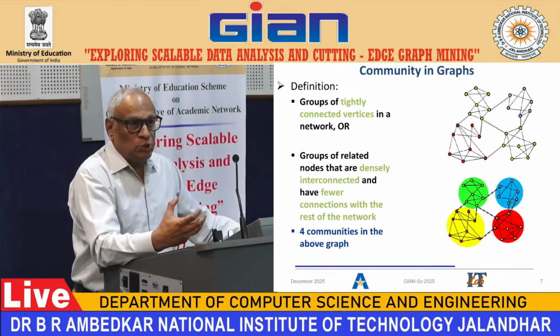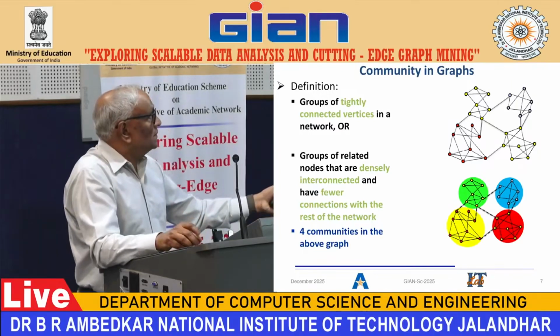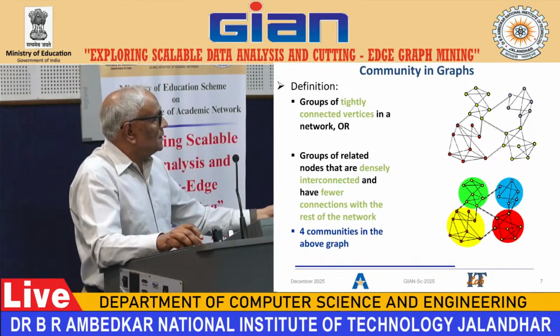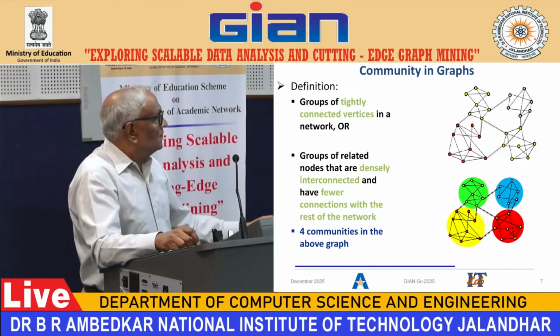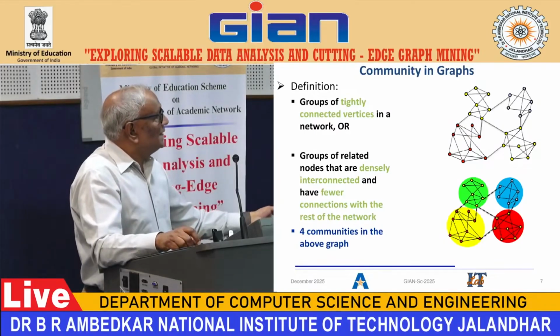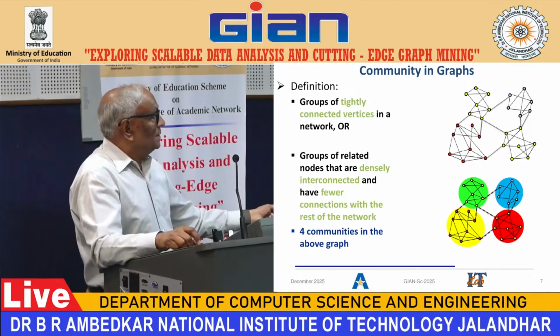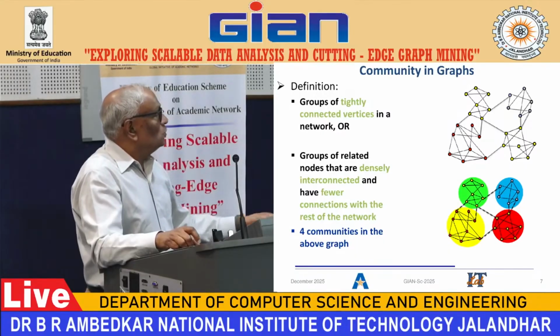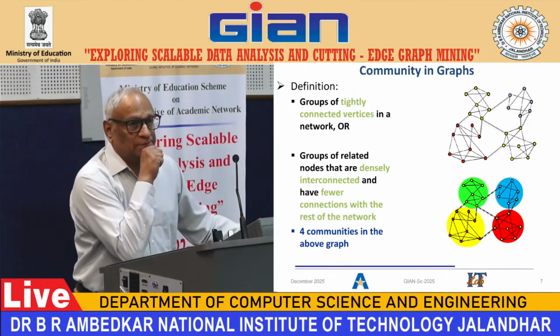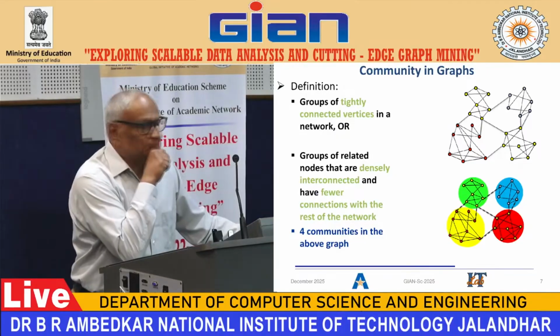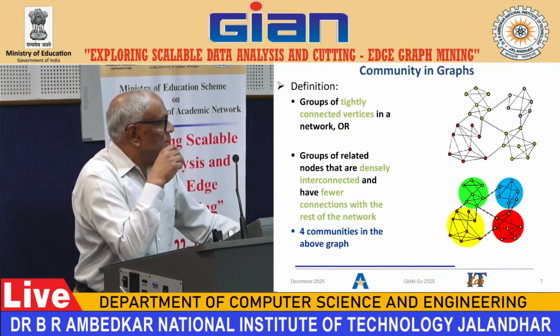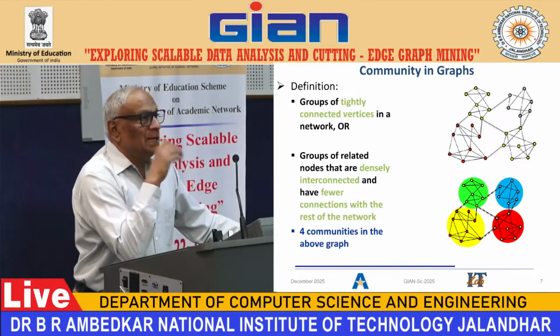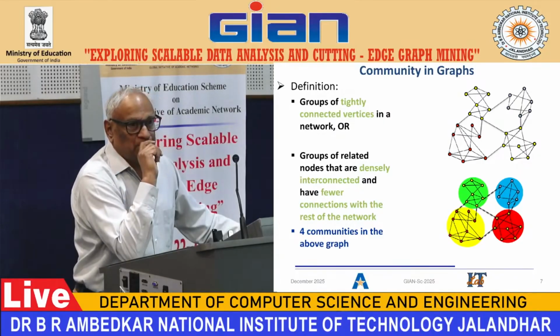So they are by no means cliques. Communities are groups of related nodes densely interconnected and have fewer connections with the rest of the network. So in this one, you can identify 4 communities. Green is a community, blue is a community, yellow is a community, red is a community.